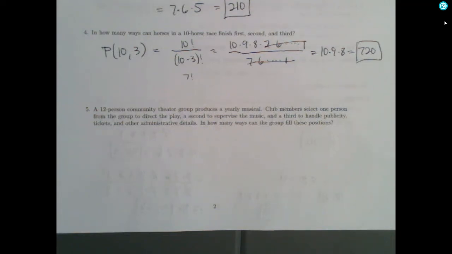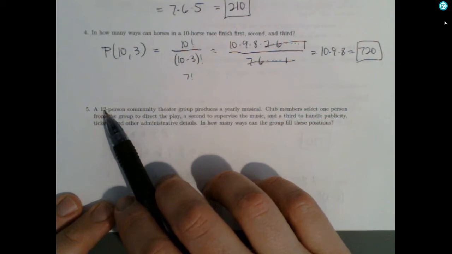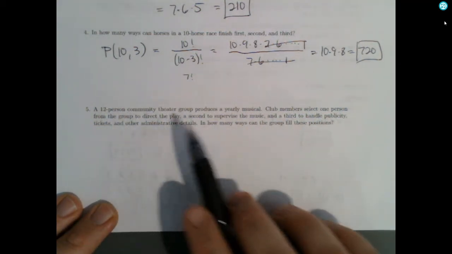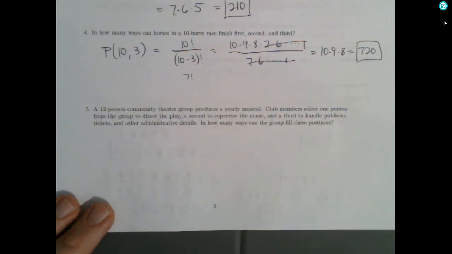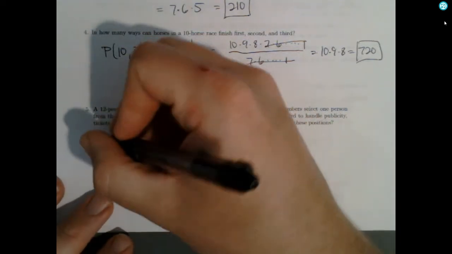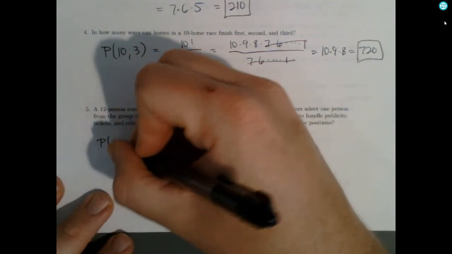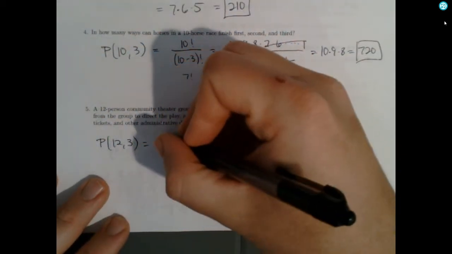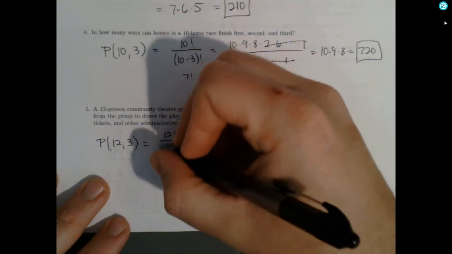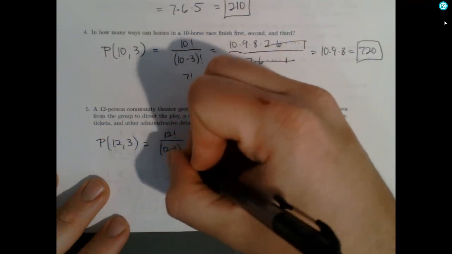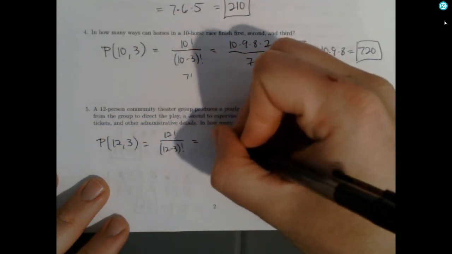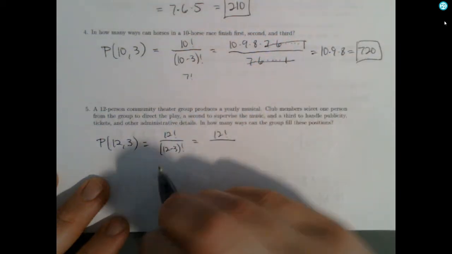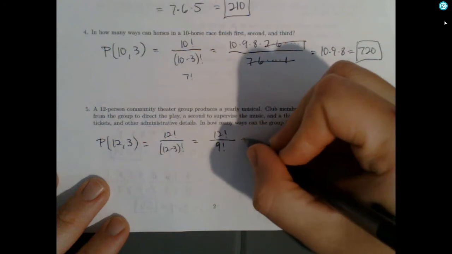Okay. So there's 12 people. We need to choose 3 of them, one to direct, one to supervise, one for publicity. So this is going to be 12 permute 3. Okay? So that's 12 factorial divided by 12 minus 3 factorial. So that's 12 factorial over 9 factorial.